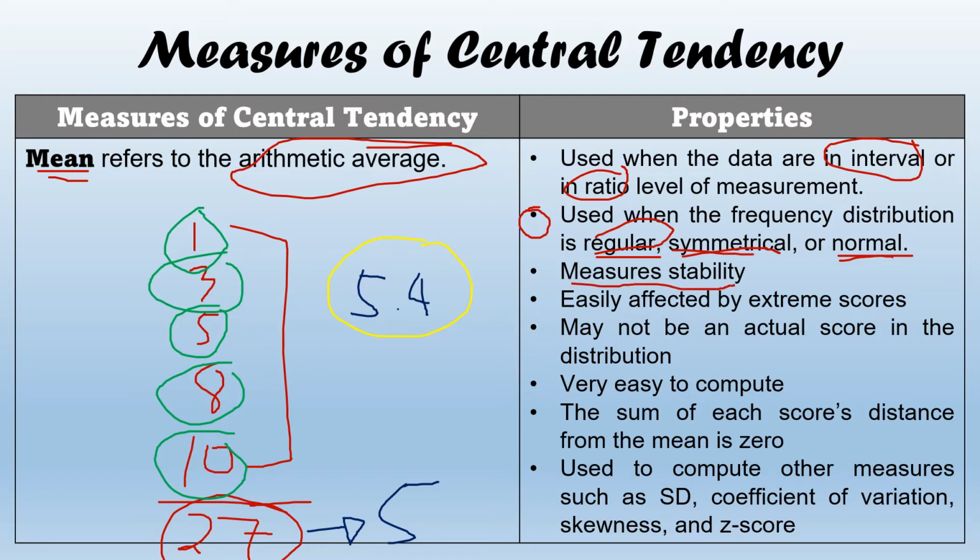Okay. But accordingly, if you are to read some references, they would actually say that mean is not actually a measure of stability. No? Why? Because our argument here is this one. Parang wala dito. Ito. Yung second, the next item, next bullet, kumbaga.